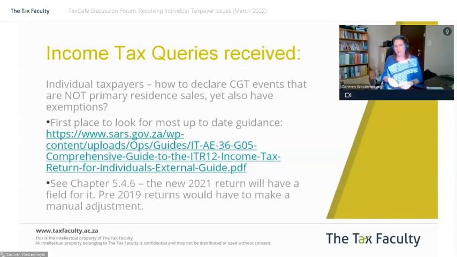So the main thing is, if you're looking at the 2021 returns in terms of chapter 5.4.6, if you've ticked the tick box with the CGT, I have a CGT event. I had 3 separate CGT events.